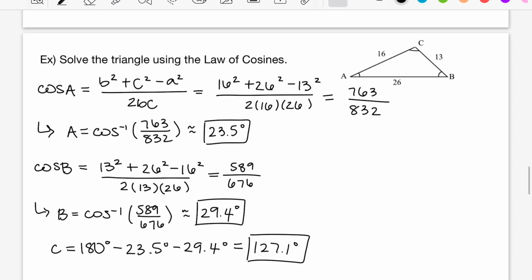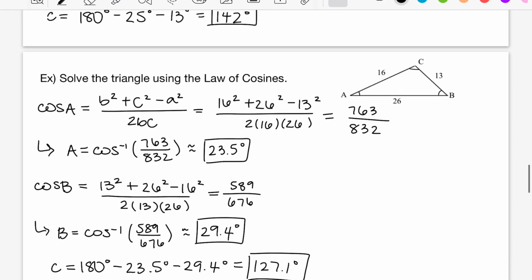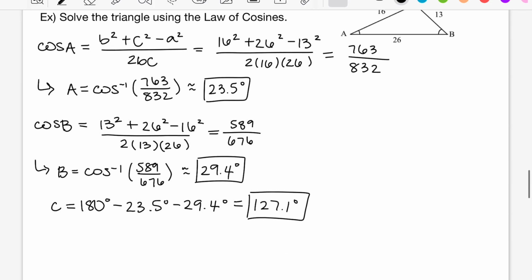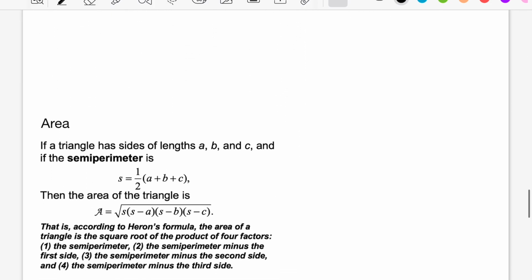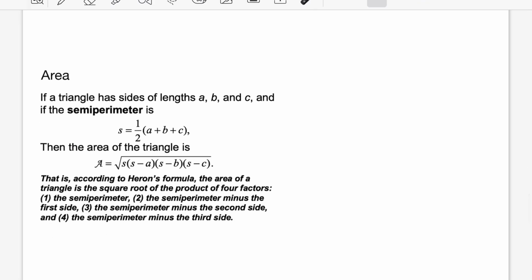Alright, so the last two examples illustrated how we can solve the triangle using just the law of cosines. Now we're going to switch gears a little bit into the area of a triangle. If a triangle has side lengths A, B, and C, and if the semi-perimeter is this guy, then the area of the triangle is going to be equal to this guy.